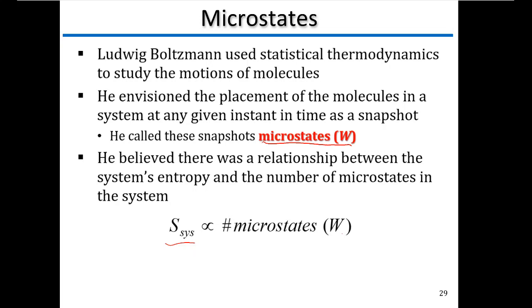We're going to call that a microstate, and we look at how many different microstates I could have and use that to interpret entropy. So the entropy of a system is directly proportional to the number of microstates.